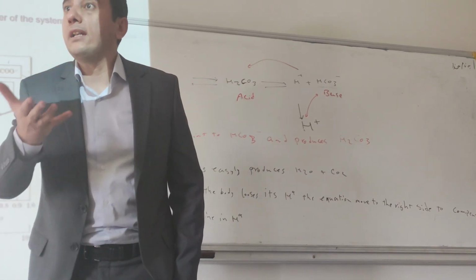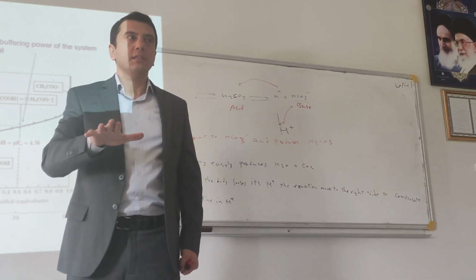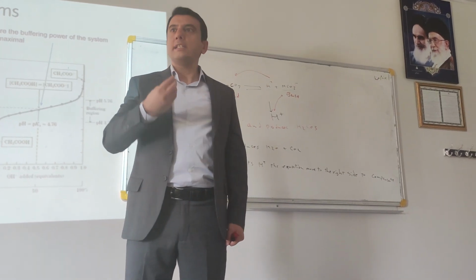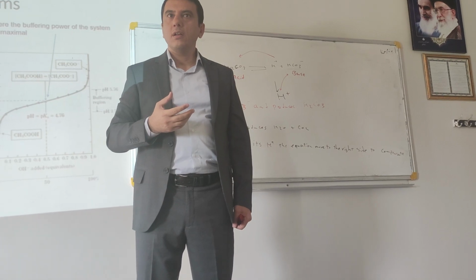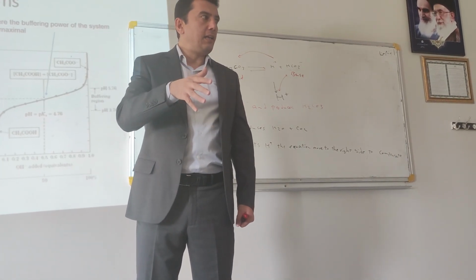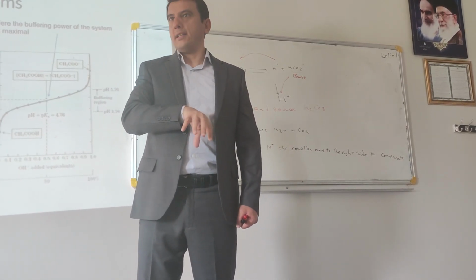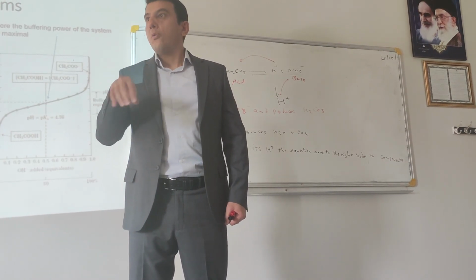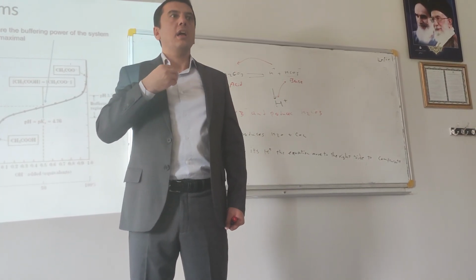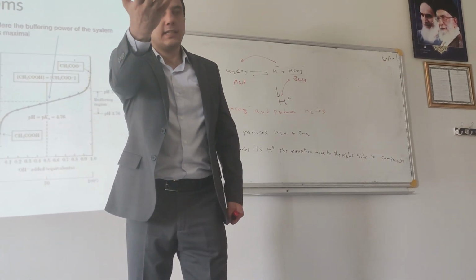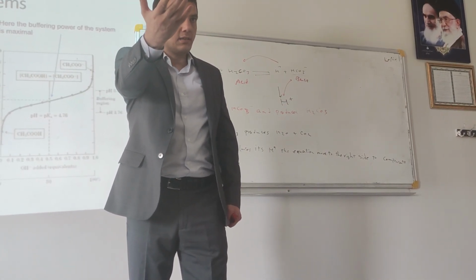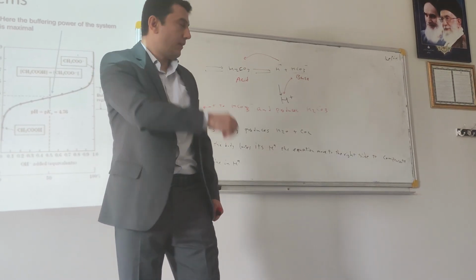With decreased ventilation. So when you decrease your ventilation, you keep the CO2 in your body. On the other hand, when you increase your ventilation, you lose CO2 from your body. Do you understand? Very good.